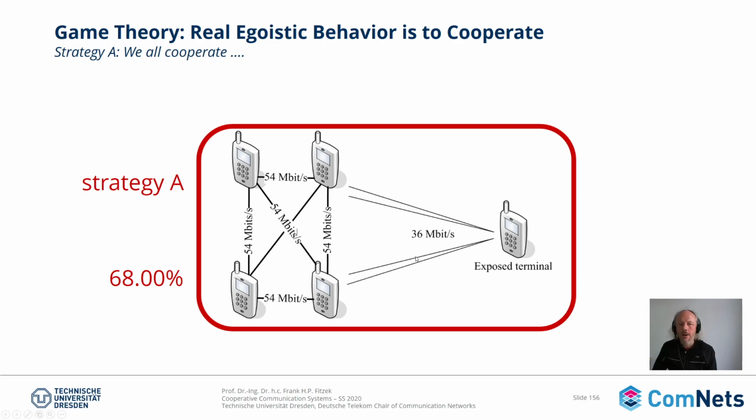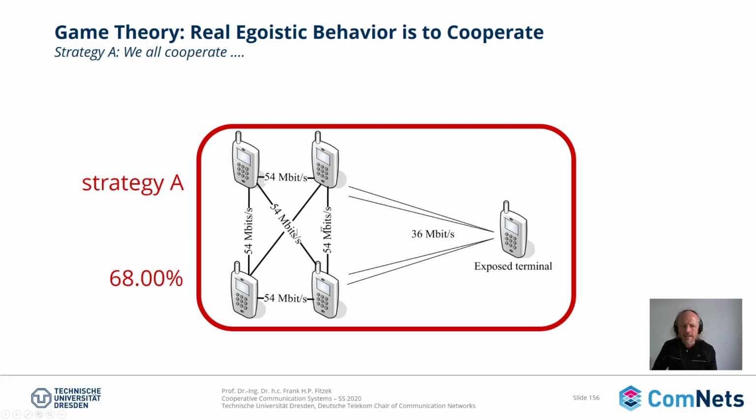We have to drop down to 36 megabit per second, so that the exposed terminal can overhear it. So if you look into this energy from the system perspective, each of the terminals will use 68% of the energy compared to if they would do it standalone, which is a good idea because everybody would believe that this is good. Better than doing it alone, I should cooperate.